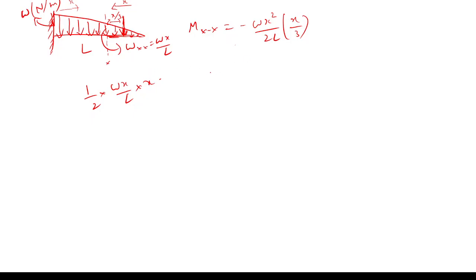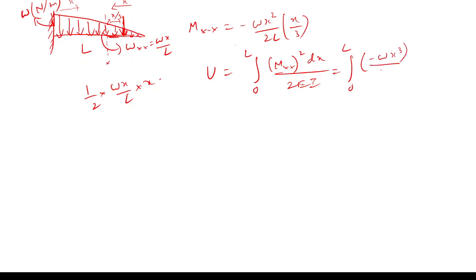Can you repeat the answer? It should be 1 by 504. So U is the integral 0 to L of Mxx the whole square dx divided by 2EI. Integrating, with Mxx equal to minus w x cube divided by 6L, the whole square into dx divided by 2EI.